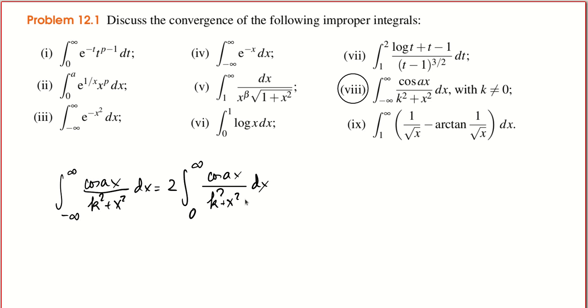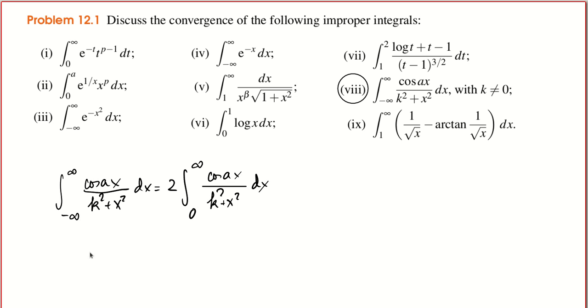All right? If this integral here diverges, then so does this one, of course. If this converges, then this one converges too, and the value of this integral is twice the value of this integral here. So we just need to focus on this integral here.